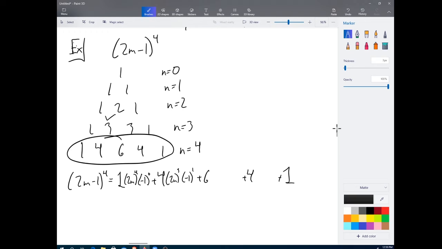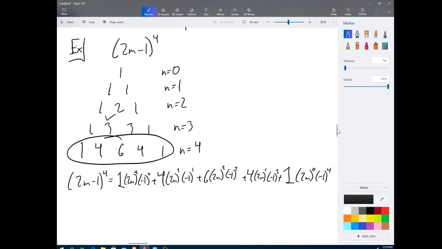And I personally don't try to simplify anything right now. Just focus on getting the problem together using the pattern, and then come back and simplify. You'll be a lot better off if you do it that way. To the 4th power.